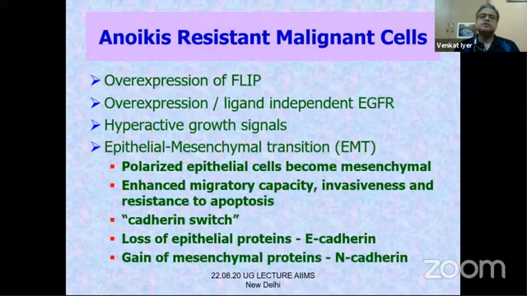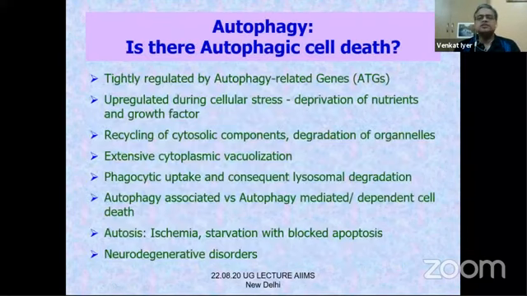Autophagy is a process you will be taught in detail in one of your subsequent lectures. There is always a question, is there autophagic cell death? Now, autophagy is because of certain genes called ATGs or autophagy related genes, and it is expressed whenever there is cellular stress to recycle the cytoplasmic components and degrade organelles.